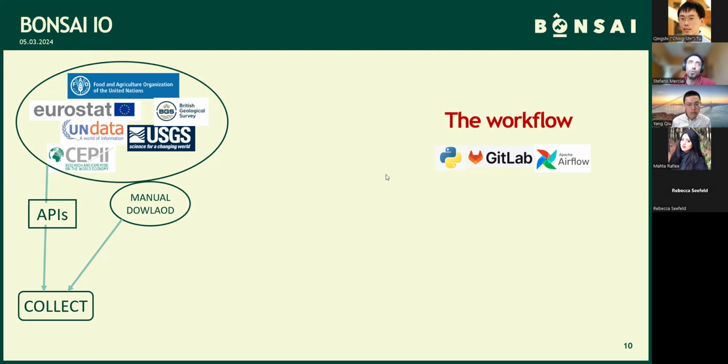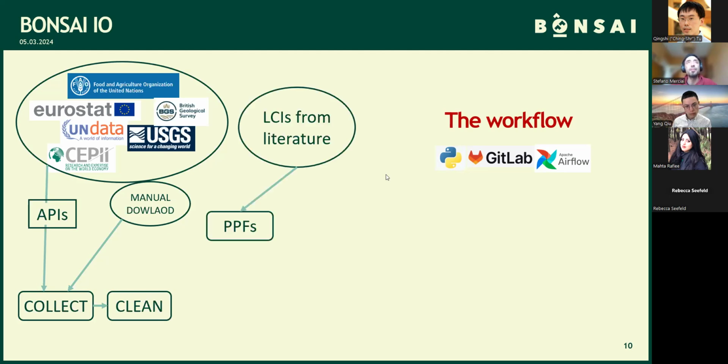So it is easy to update to a more recent year without human intervention. And then we need to clean this data because it comes in different formats with different standards. So the first procedure is to collect data and clean it, to get it in a format that is ready to be used by Bonsai.